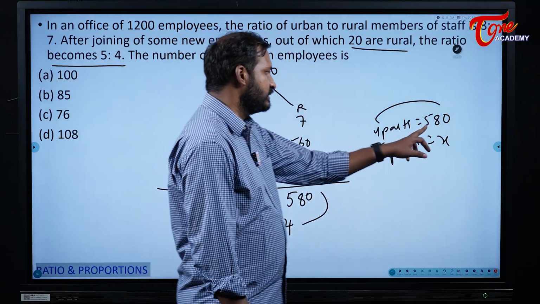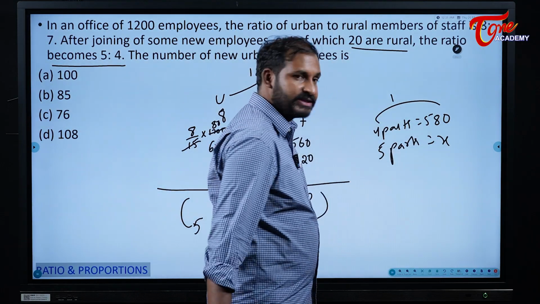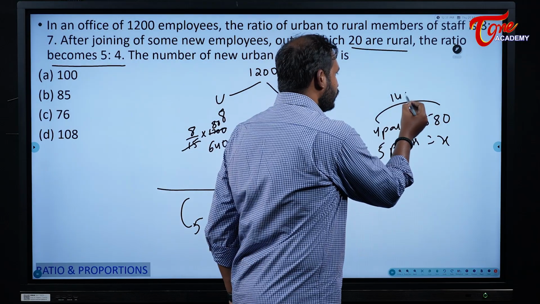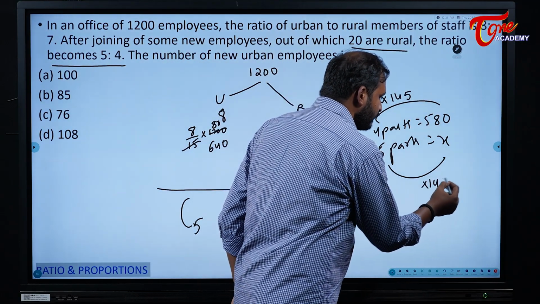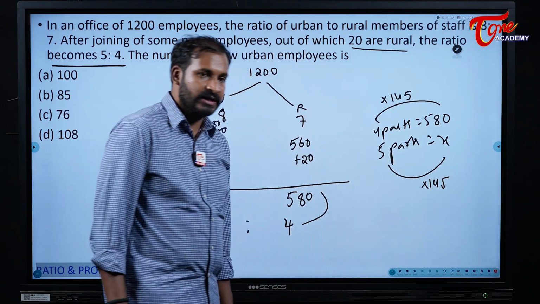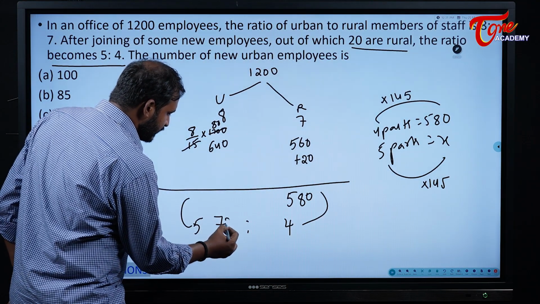When you calculate it, 580 divided by 4 is 145. So, similarly 5 into 145. What will you get? 700 plus 25, 725.